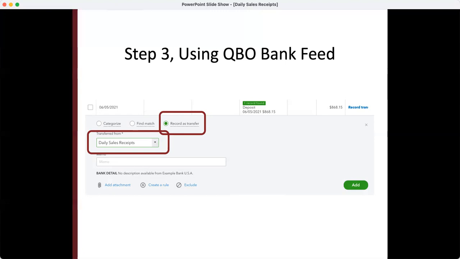So if you deposit all your receipts into this account, then everything that shows up in your bank feed is simply a transfer. So you don't have to worry, like, is that 3642 the Square payments from this market or from that market? You don't have to think about it, because it doesn't matter. You already recorded it when you deposited into the daily sales receipt. Yes, good. Okay, that's very helpful.